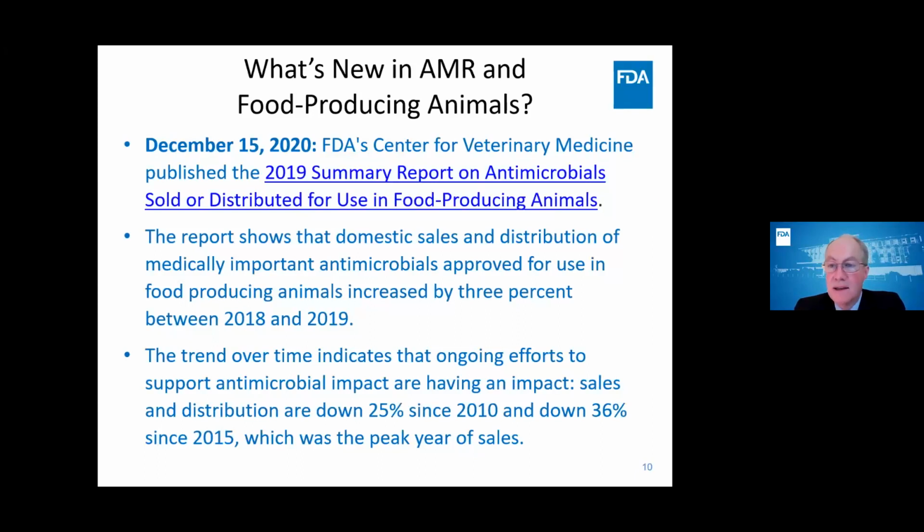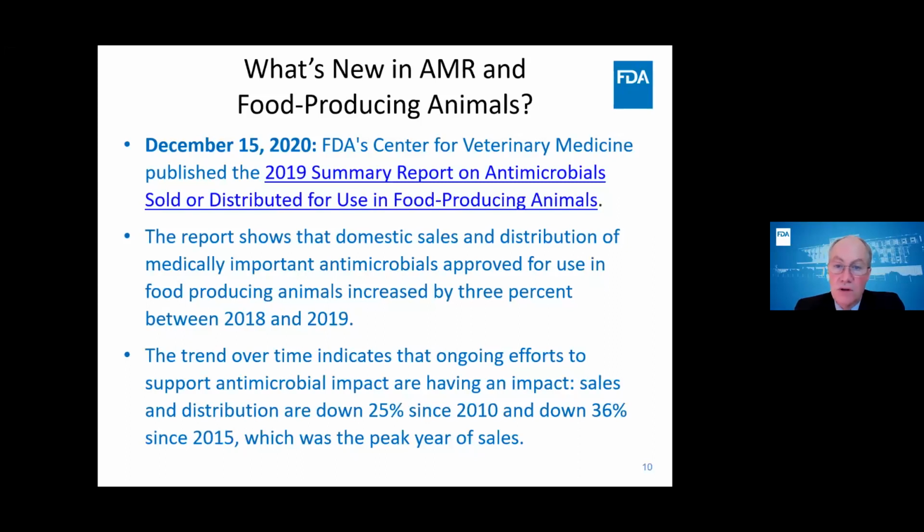But we recognize that that is somewhat of a surrogate for what might actually be used on farm. So we do talk in the report about some of the challenges about using some of these high-level numbers versus what might actually be used on the farm.